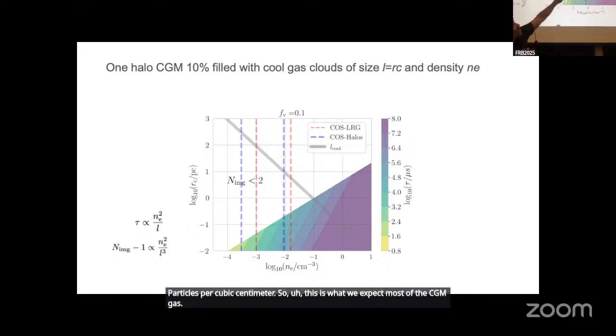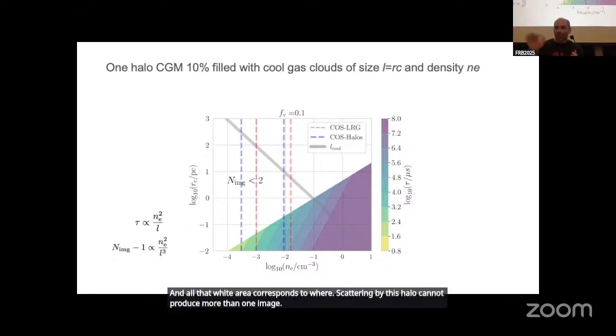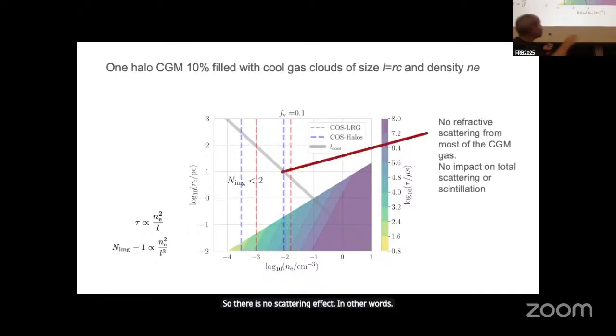And you can see in the parameter space that big white area on the upper part, and all that white area corresponds to where scattering by this halo cannot produce more than one image. So there is no scattering effect. In other words, all that parameter space does not affect scintillation, does not impact the FRB signal at all. So most of the gas in the CGM of this halo does not affect the FRB signal.